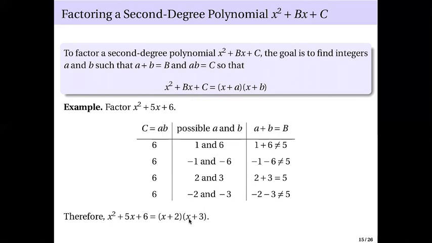And of course, if you tried this pair first, and it already satisfies the correct conditions, then you don't have to try other possible pairs. There will be only one. So you can just skip this part.